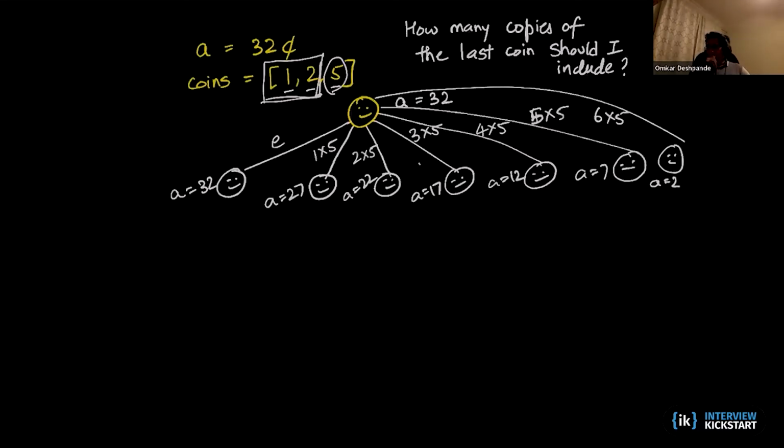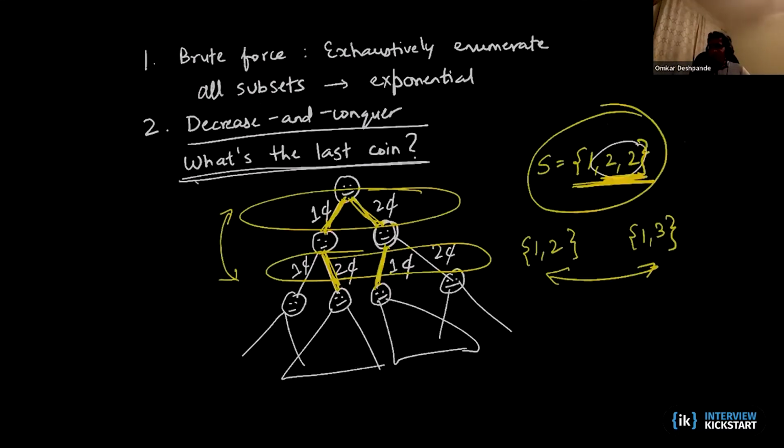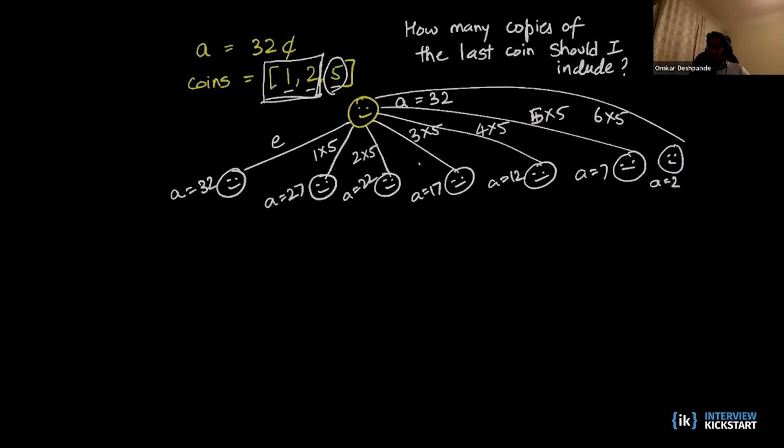But I'm making the decision about not just what the last coin is. Instead of picking 1 coin, I'm making the decision about all the copies of that coin, so that nobody under me even looks at that coin.